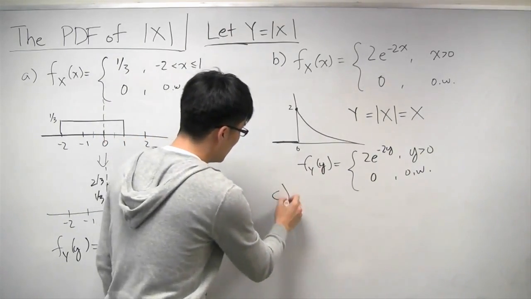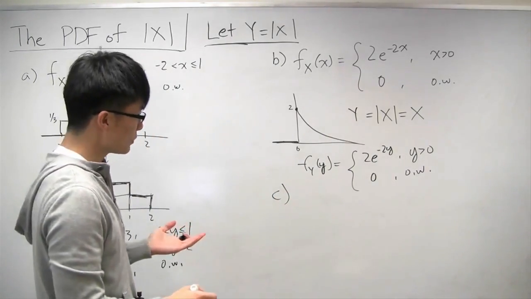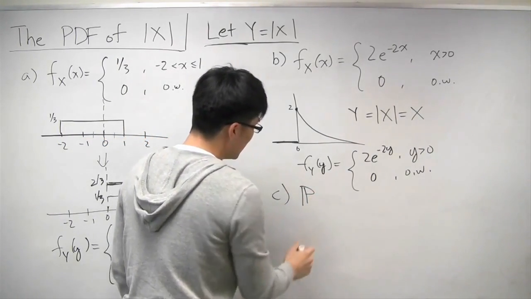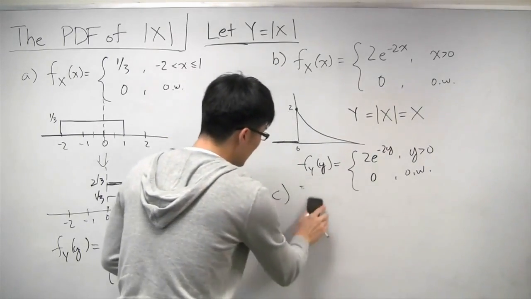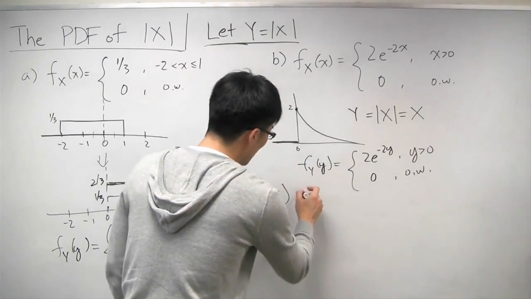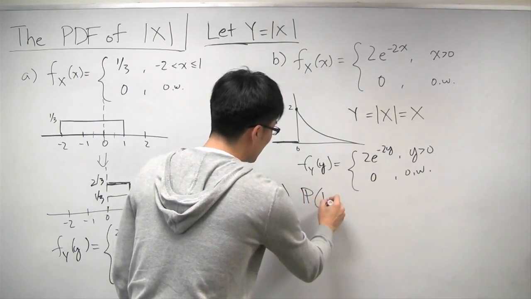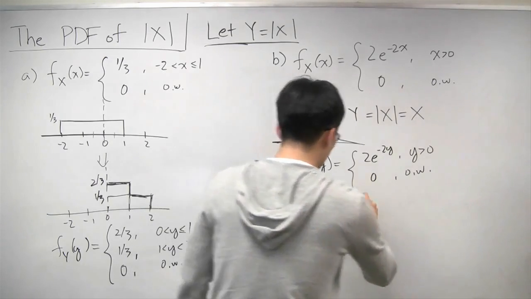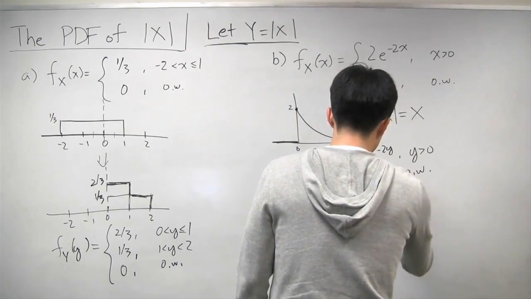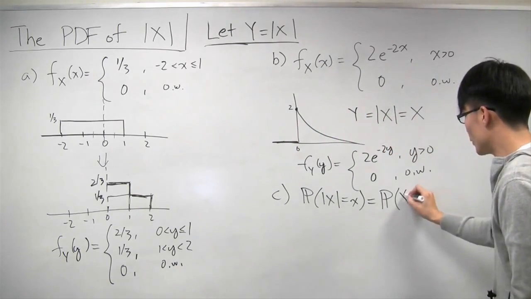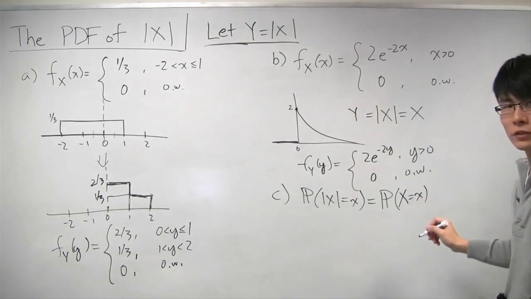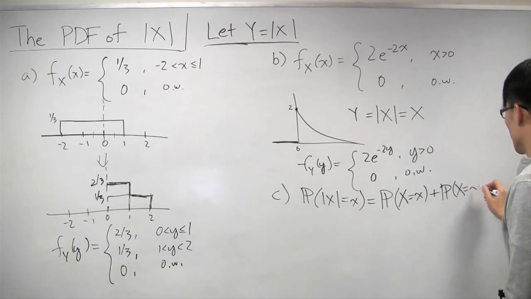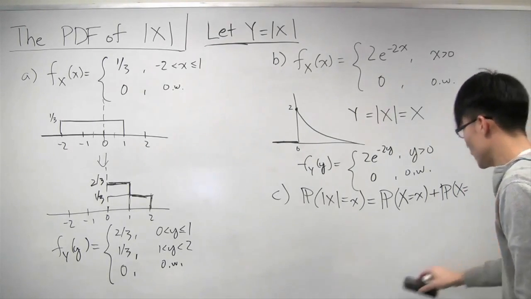So to generalize, what I said in the beginning was that, remember, in the discrete case, if you wanted the probability that the absolute value of a random variable equals something, that would just be the probability that the random variable equals that value of little x, or the random variable equals negative little x.